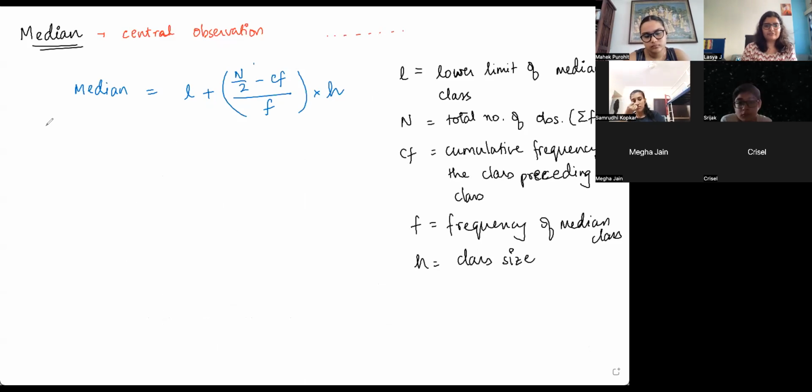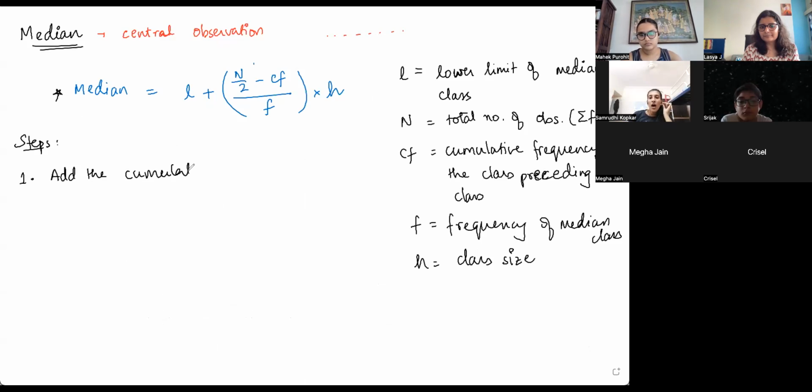So this is the formula for median. Now, how do you do it? Steps: first, find the cumulative frequency, add the cumulative frequency column. So that's the first step you do for any median related problem.